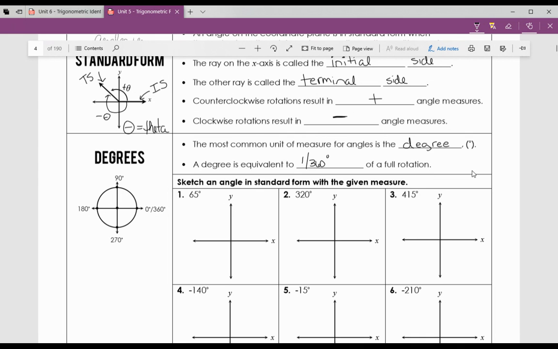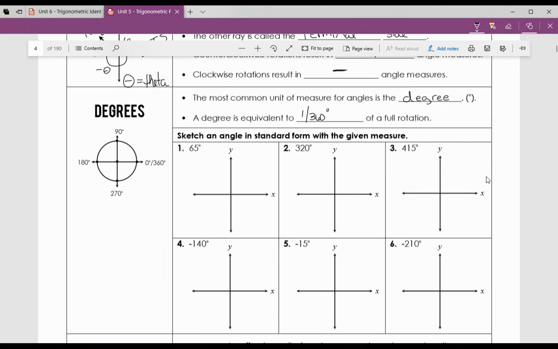So the first 6 problems that we're going to do, we're just going to sketch positive and negative angles. So we start at 0, we rotate, and notice that they just keep adding increments of 90.